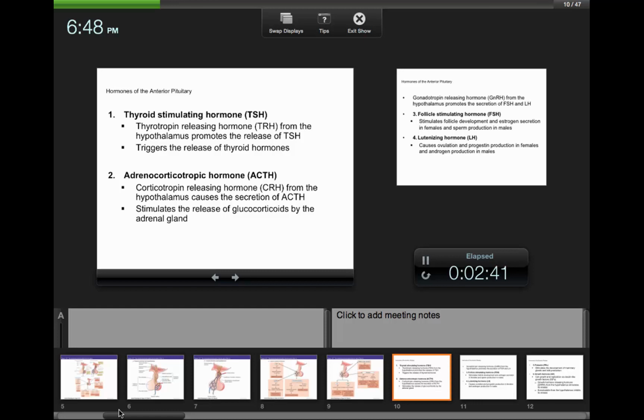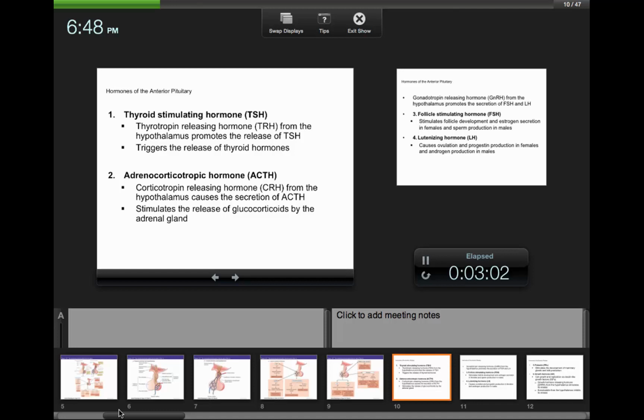Okay? So, corticotropin releasing hormone comes from the hypothalamus. It travels down those portal vessels to the anterior pituitary, where it stimulates the secretion of ACTH.